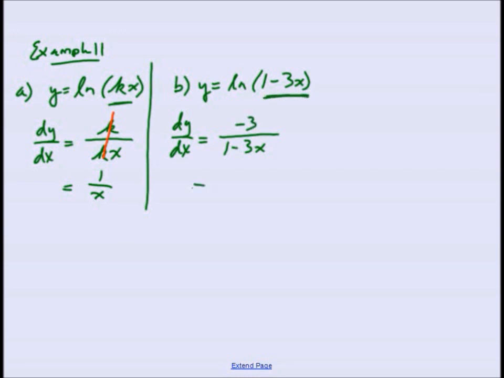Of course, this is a little awkward, some negatives in there, so a better way to write this would be 3 over negative 1 minus 3x. The reason I'm doing this is because we can simplify. This is negative 1 plus 3x, which of course is better written as 3x subtract 1.